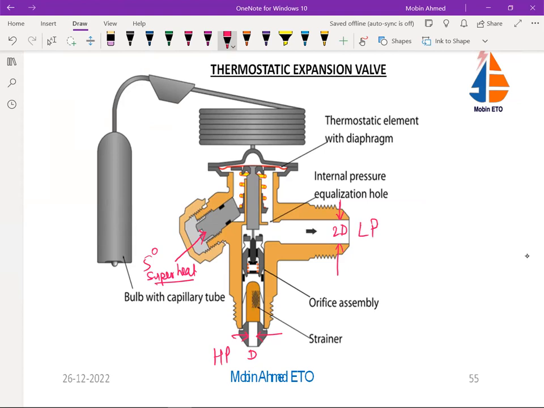The bulb has the same refrigerant as the system. If the system is R134A, the bulb also has the same refrigerant.